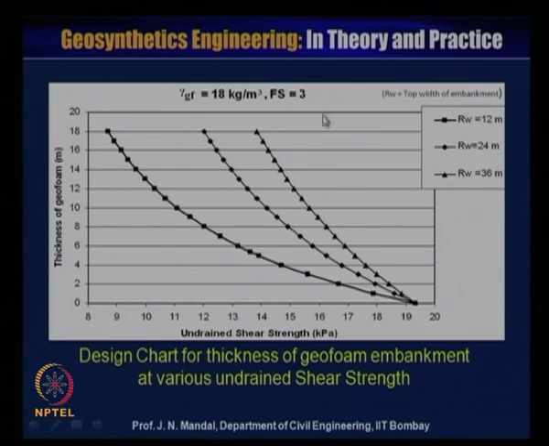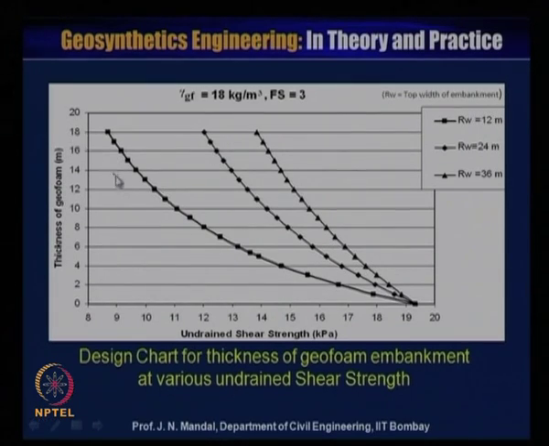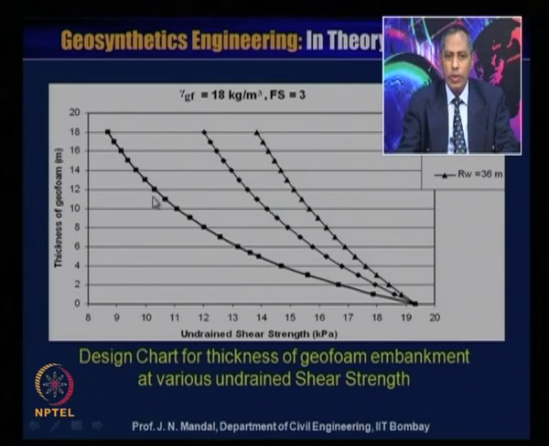Anyway, for national highways, which may be 4 lane, 6 lane, this factor of safety is equal to 3, and the unit weight of geofoam is 18 kg per meter cube. Now, you can see the nature of the curve like this, that thickness is reducing with increasing undrained shear strength of the soil.